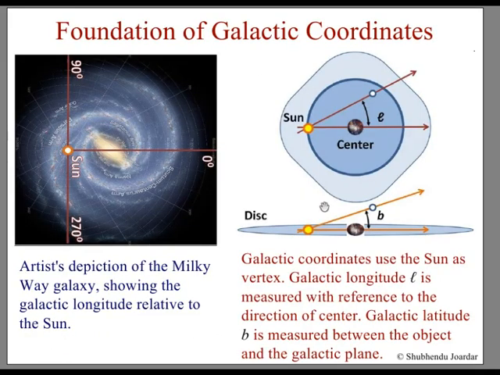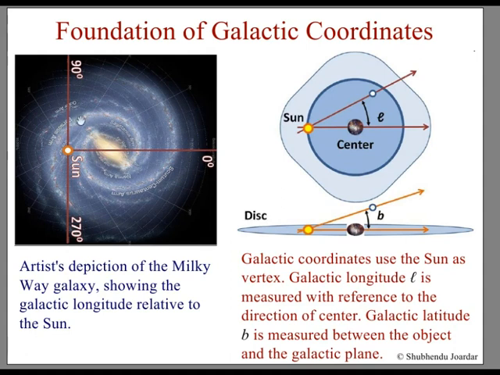Now we go to the galactic coordinates, but it may be easier to understand it this way, and then we go to the actual diagram. Now this is an artist's sketch of the Milky Way. I am talking about this figure. This is the core of our galaxy, and there are several arms, 3 or 4.